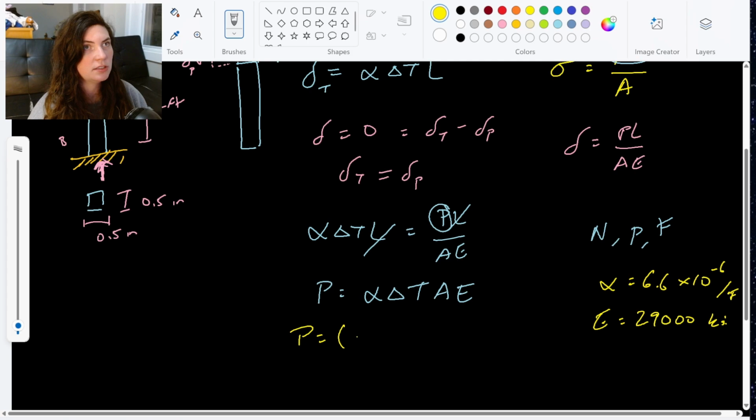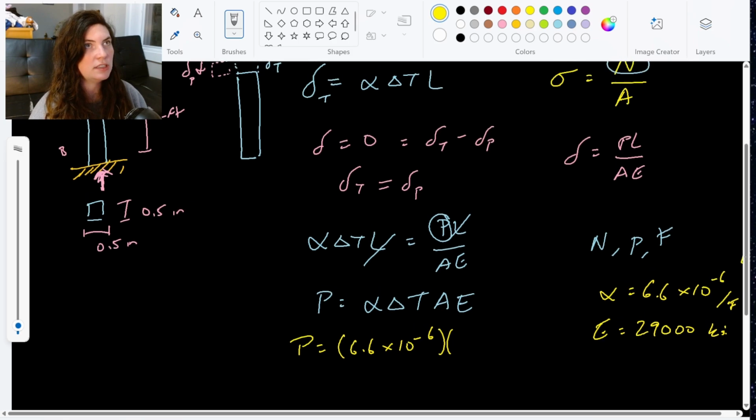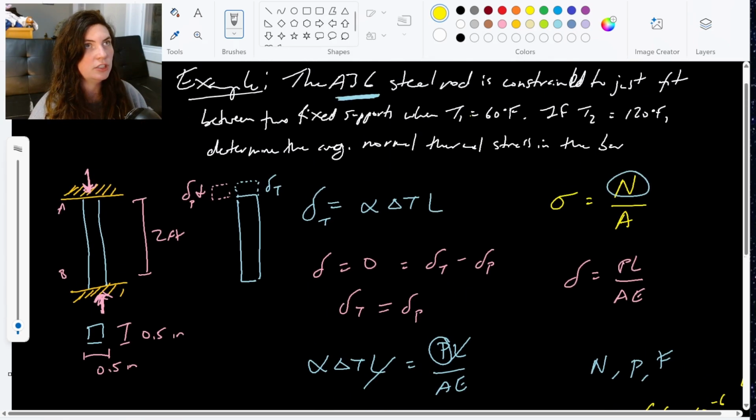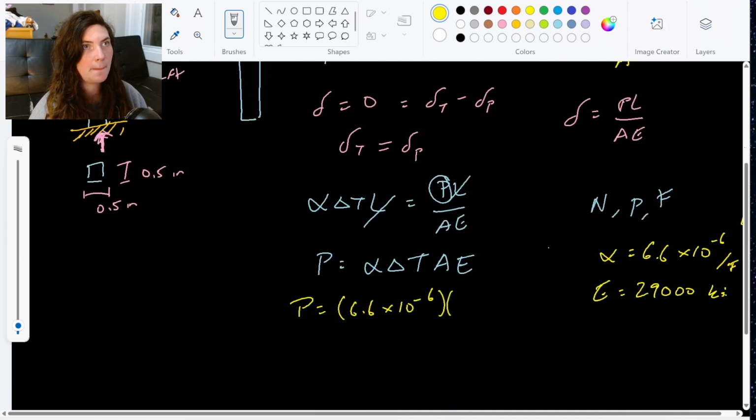So we've got 6.6 times 10 to the negative 6. Then our delta T term, our initial temperature is 60 degrees Fahrenheit. Our final temperature is 120. So 120 minus 60. Or you can just write 60 in there.